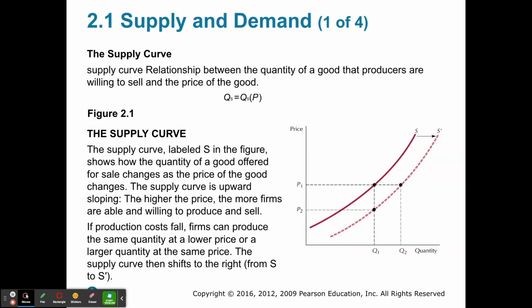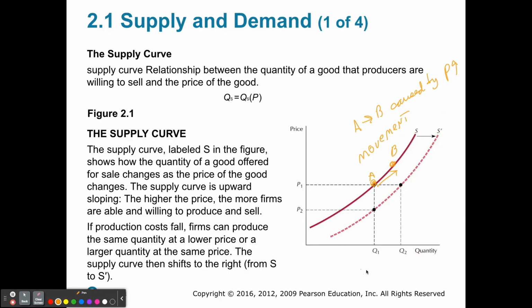Meaning, if that's point A and this is point B, the movement along the curve, A to B, is caused by the fact that the price went up.